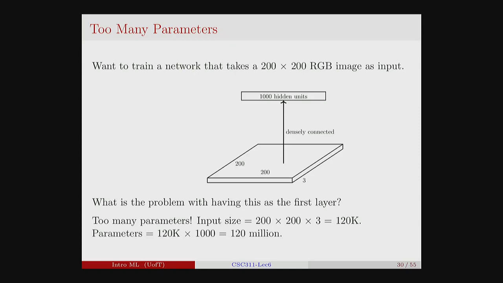And then, if you're telling me that I have to learn a linear operation of all of the inputs to all of the hidden units, that means I need 120 million parameters in just the first layer of my neural network. So that is a lot of parameters.